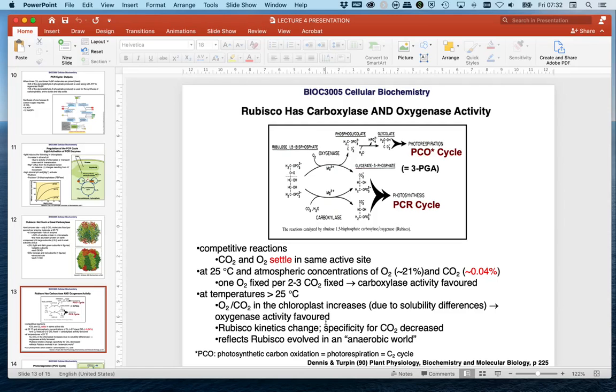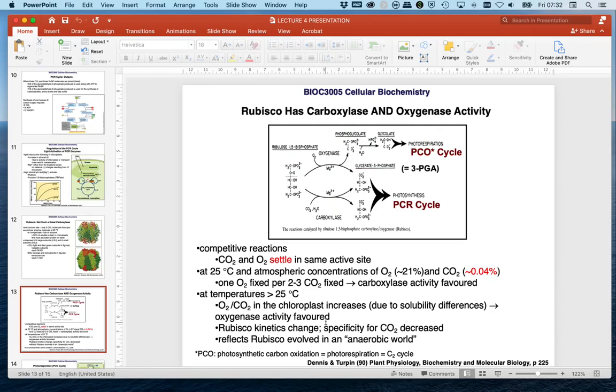So Rubisco has this dual activity. How is it determined whether it's got the carboxylase activity at a particular time or the oxygenase activity at a particular time? Well, that is determined by the concentration of CO2 and oxygen in the chloroplast, okay? And that is dependent on temperature.